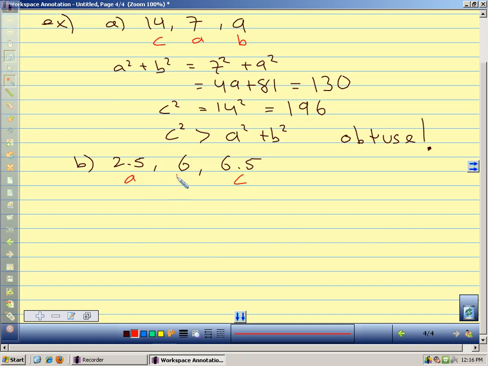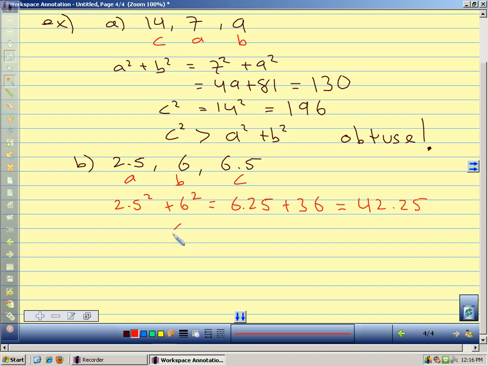Call these other two A and B. So let's do a squared plus b squared. 2.5 squared plus 6 squared is 6.25 plus 36, which is 42.25.